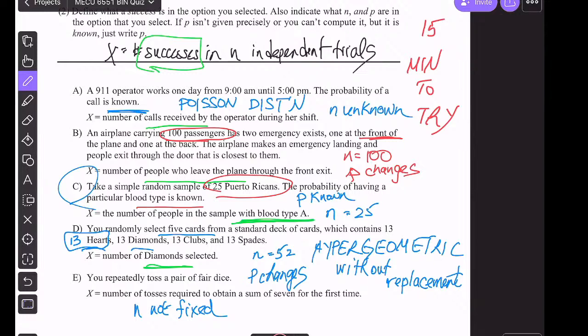All right? So with that, let's get back to the notes, unless you have some questions for me. I can say n not known as well, right? It's not known.